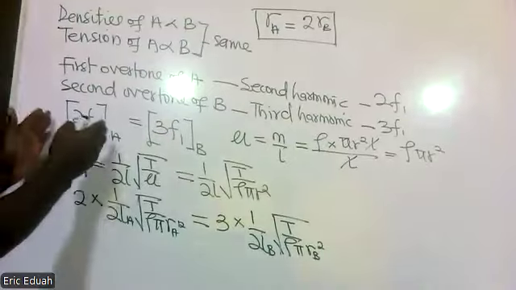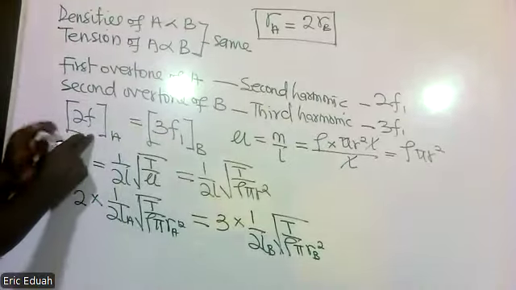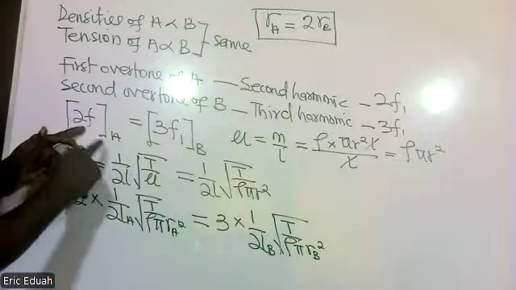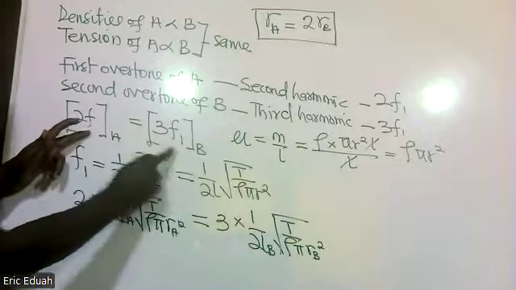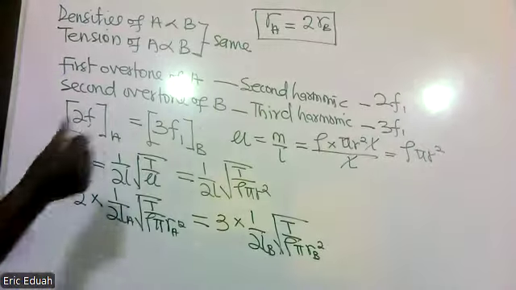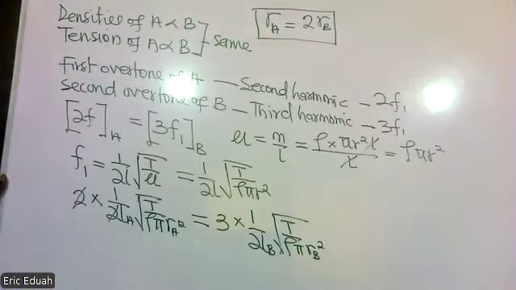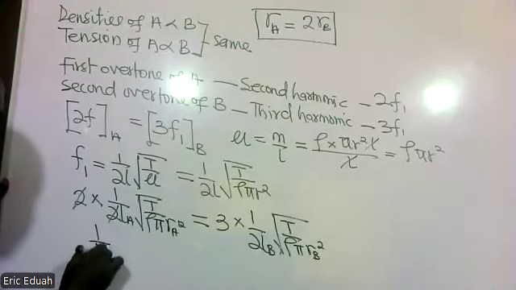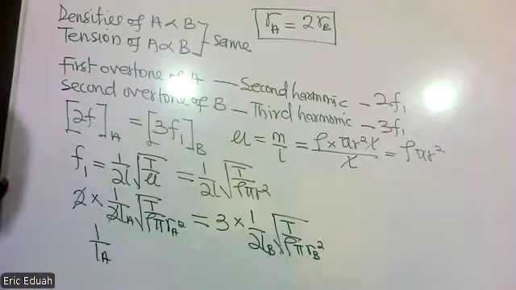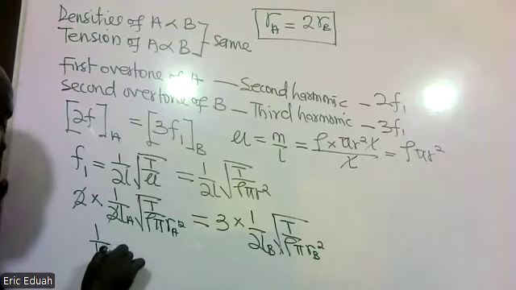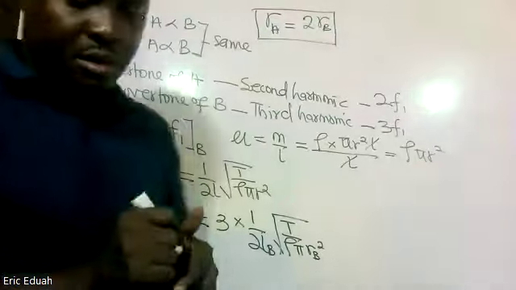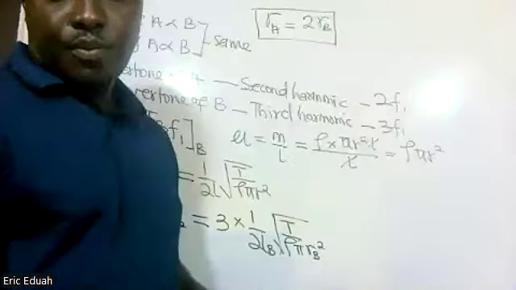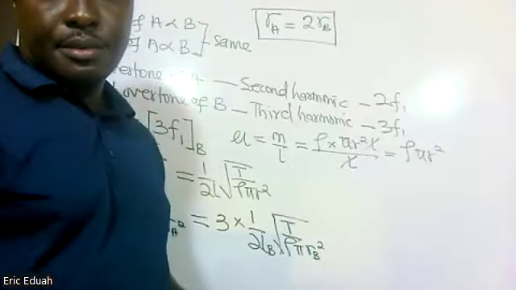So this is where I've reached now, after substituting F1 for A and B. So this and this cancel out. Then we'll have 1 over L of A.